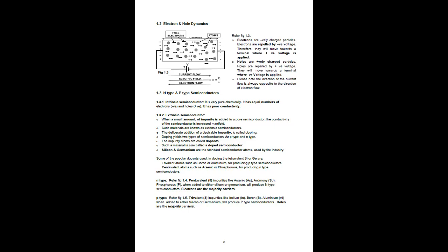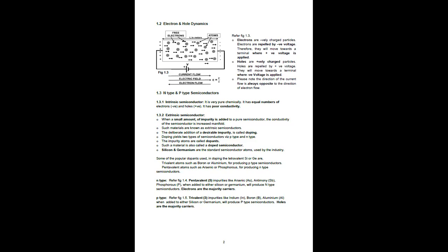Holes, on the other hand, are the positively charged particles. The holes are repelled by the positive voltage and they will move towards a terminal where the negative voltage is applied. Please note the direction of current flow is always opposite to the direction of the flow of electrons.